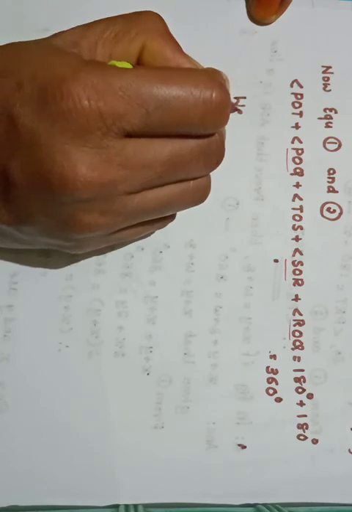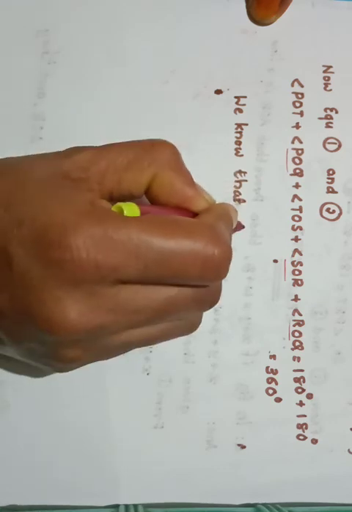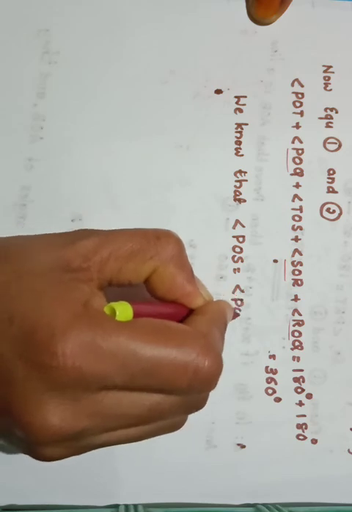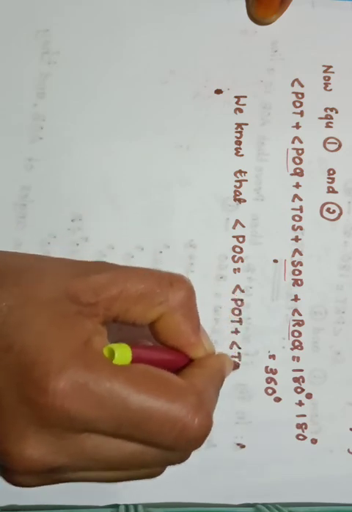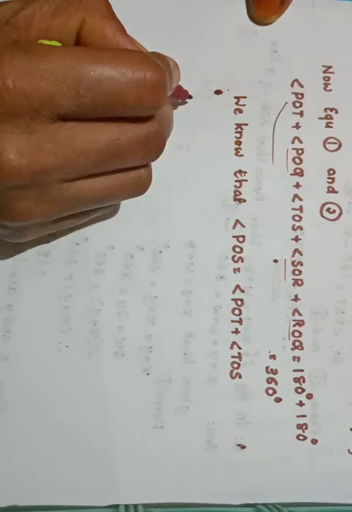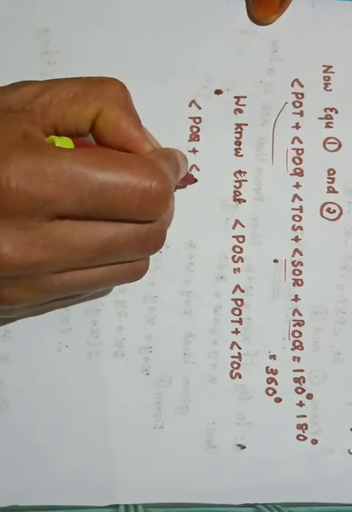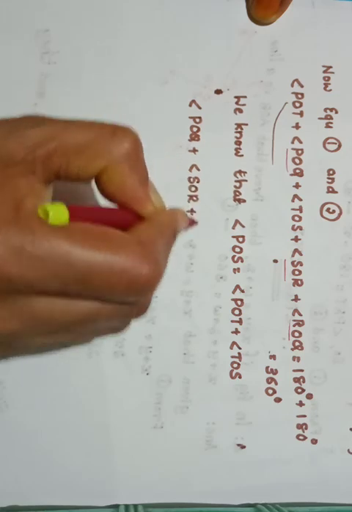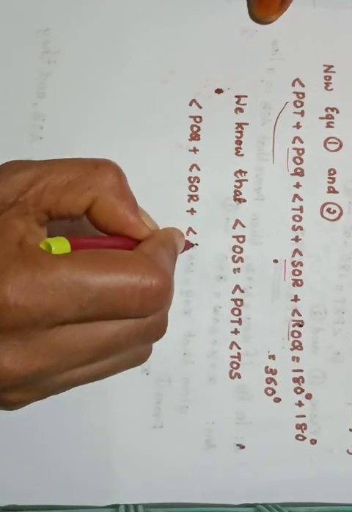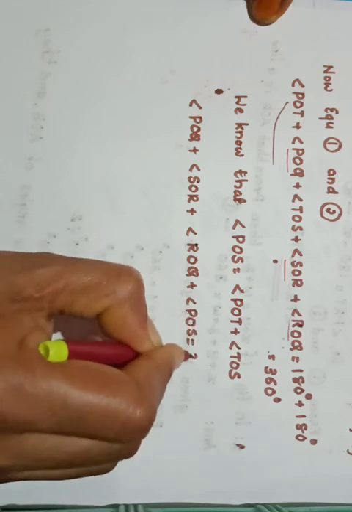Again we know that angle POS is adjacent and equal to angle POT plus angle TOS. So we can replace this one from these two. So angle POQ plus angle SOR plus angle ROQ plus angle POS equal to 360 degree.